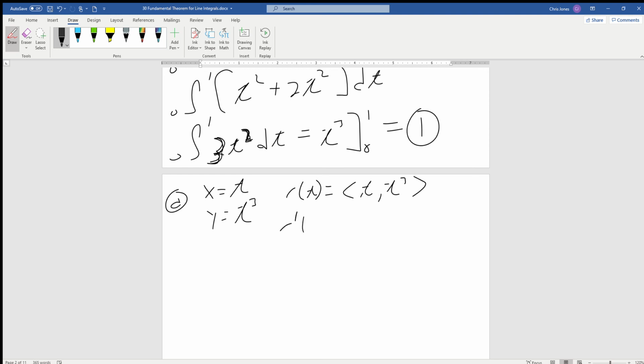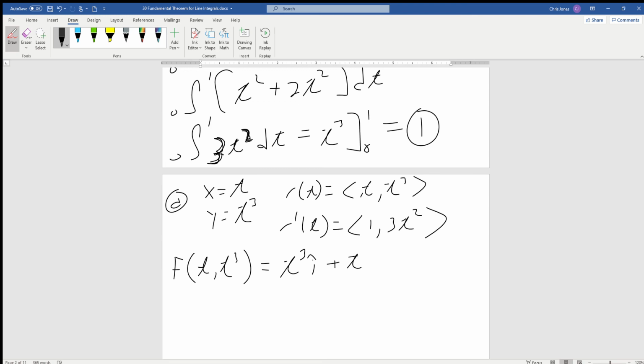We know the derivative is 1 comma 3t squared. And then we're going to substitute back in, so f at t comma t cubed is going to be equal to, now remember it's yi, so that's t cubed i plus xj, so that's tj.